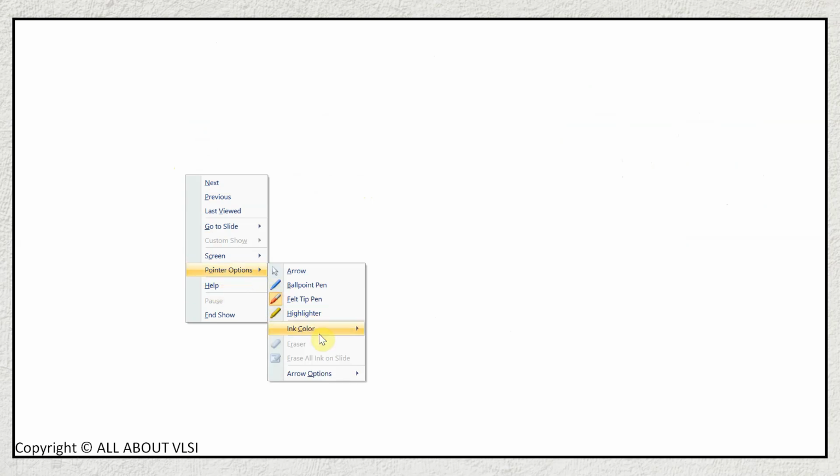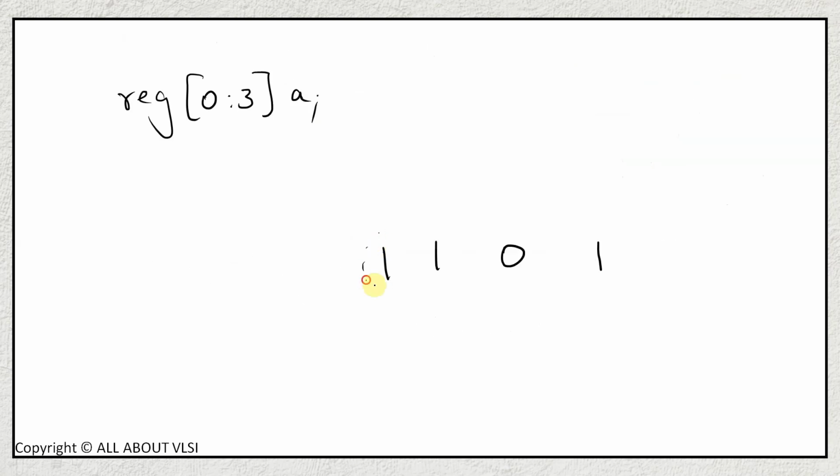Now suppose you have declared your variable with another size declaration format, reg 0 to 3 a, and your number is 1101. We already know this is the MSB and this is the LSB.